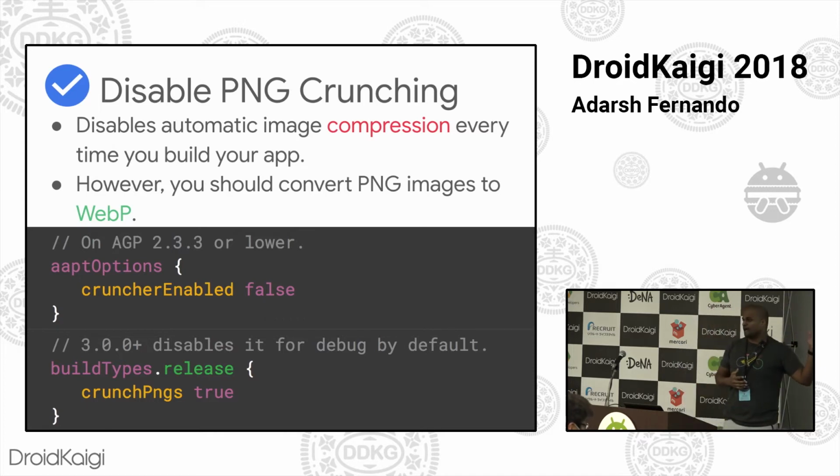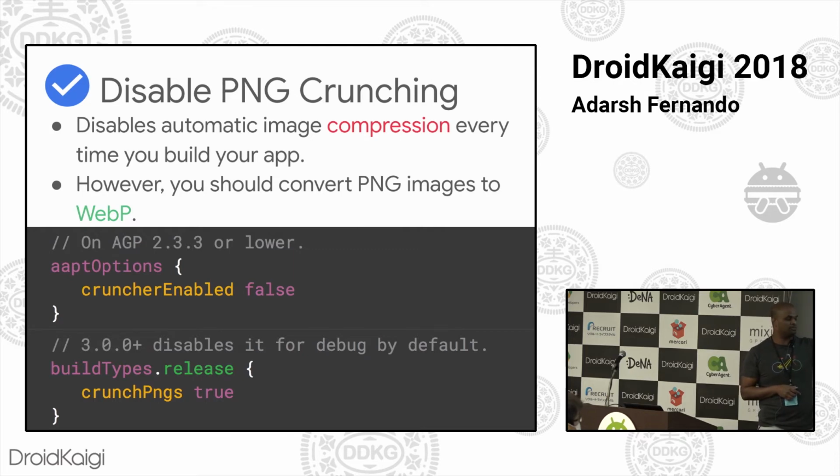And we saw the Sander Tracker app had almost 7,000 PNG files, right? So in 2.3, you actually have to set cruncherEnabled to false. And again, this is not on the flavor or build type level, so you can use that trick that we saw earlier for disabling multi-APKs and add it just based on the command line parameter.